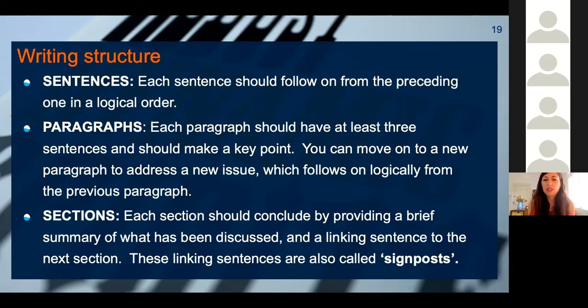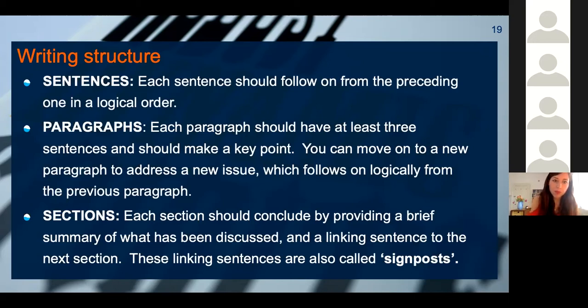How does that relate to the last one? You should always make your writing as clear and as easy for the reader as you possibly can. So those 3 aspects are really important: sentences, then the larger group of sentences, paragraphs, and then the larger scope of the whole thesis in its sections.